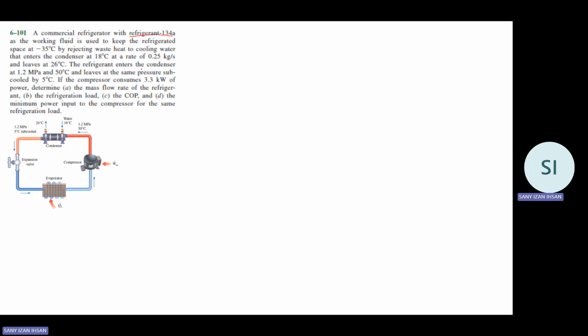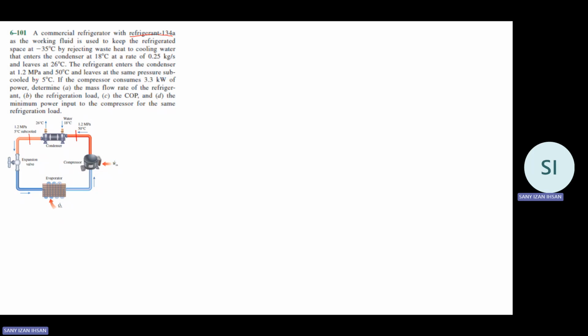The refrigerant enters the condenser. This is the condenser, so it will enter at this condition, 1.2 megapascal with a temperature of 50 degrees Celsius. And it will leave at the same pressure, constant, but subcooled by 5 degrees Celsius.